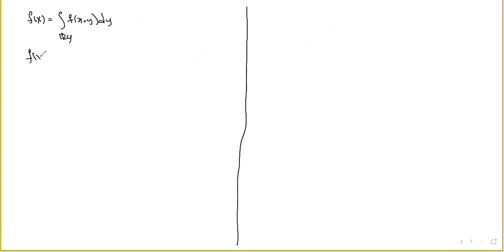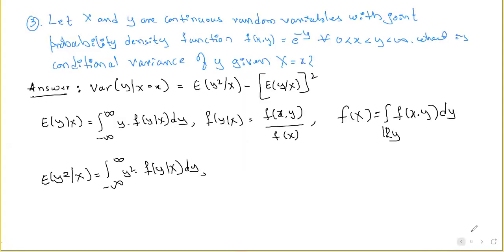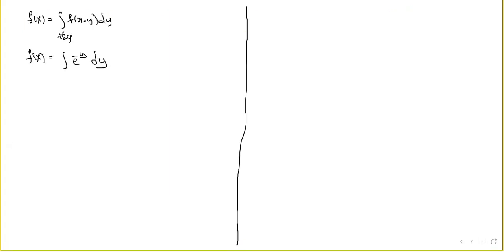Next, f of x equal to integration of e power minus y dy. But what about the range? Going back to the given example, the range of y is x less than y less than infinity. So we take the same, x to infinity, right?